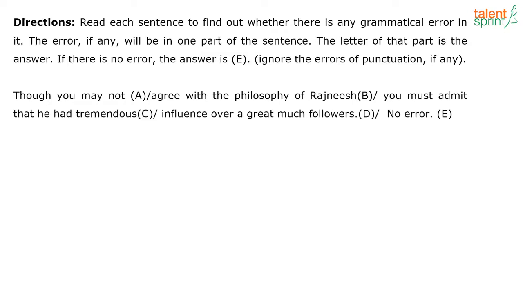So, are you able to identify? Let's look at the context. Though you may not agree with the philosophy of Rajneesh, you must admit that he had tremendous influence over a great, again, we are looking at followers, right? Which means they are countable. And you don't use much, you use many. A great many is in fact a collocation, right?